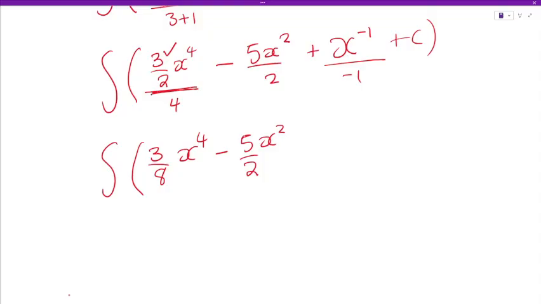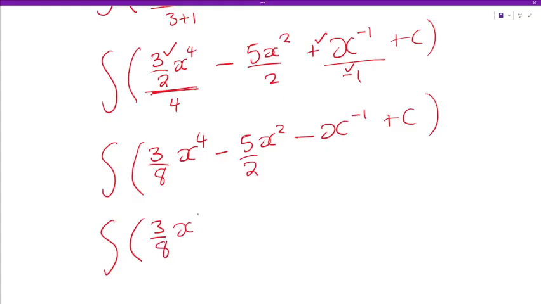Alright, then you're going to divide the signs here. Negative divided by positive is a negative, x to the power of negative 1, and then you're going to say plus c, you close. The last thing, you need to express that x to the power negative 1 as a positive index. So I'm just going to say minus 5 over 2 x to the power 2 minus a 1 over x, okay, plus a c.